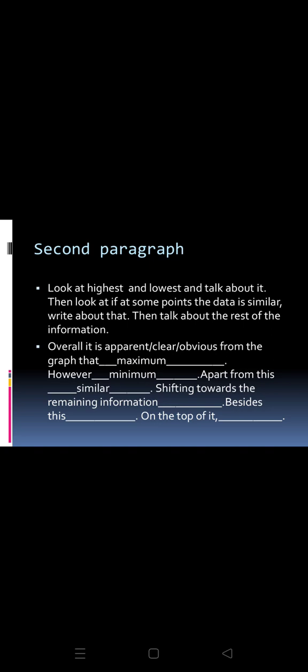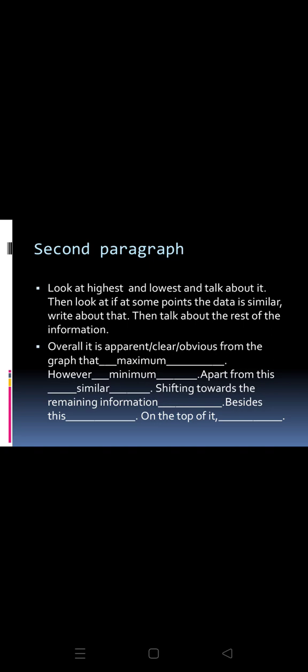Overall, it is apparent or clear or obvious or evident from the graph that maximum number of people, or however the minimum number of people, whatever is data given in the question, you need to go accordingly. Then after talking about maximum and minimum, then you need to talk about apart from this and this year the trend has been similar.